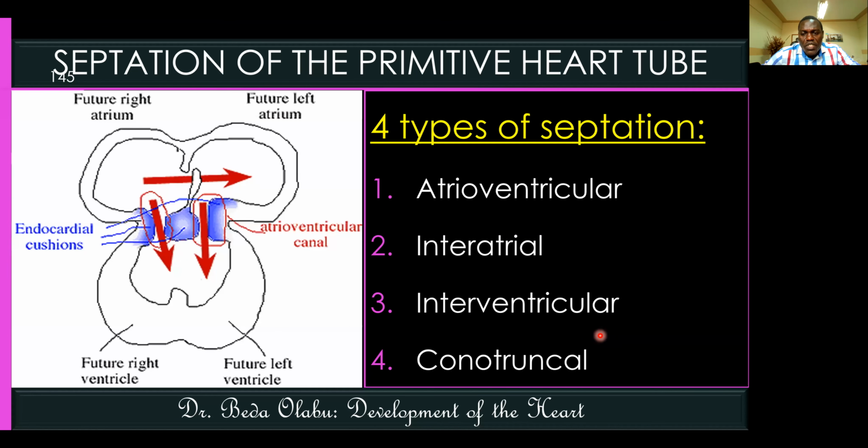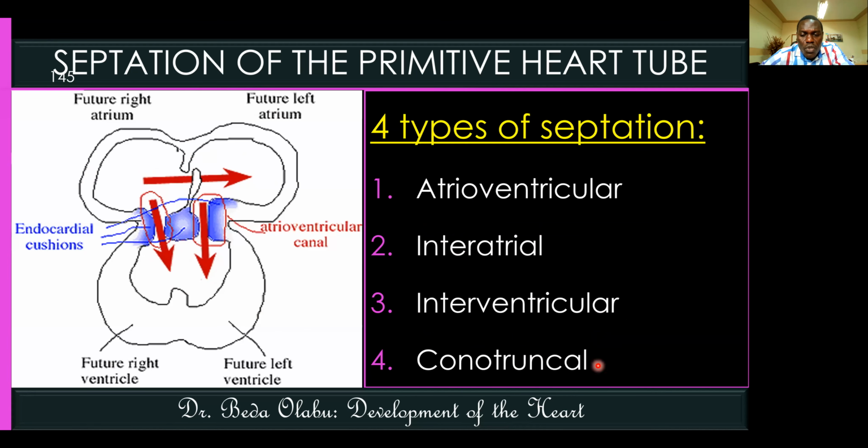When you talk of atrioventricular septation, we mean we want to separate the atria from the ventricles. When you talk about interatrial septation, we mean you want to separate the right atrium from the left atrium using that septum. When we talk about interventricular septation, it means you want to separate the right ventricle from the left ventricle using a septum here.